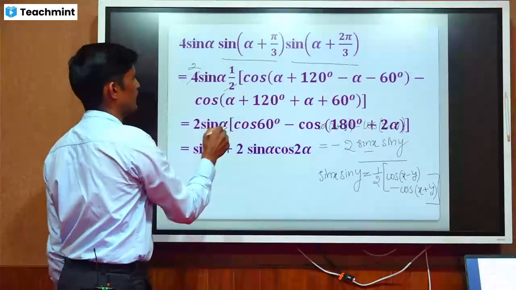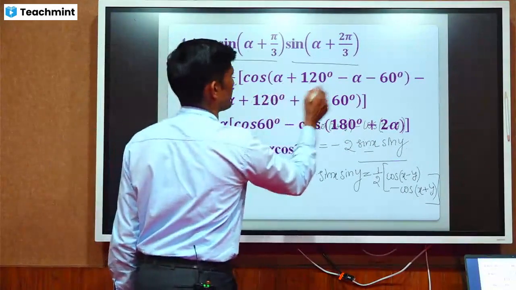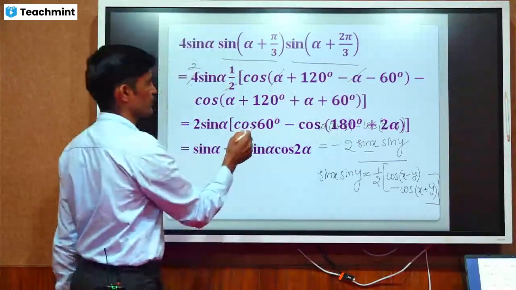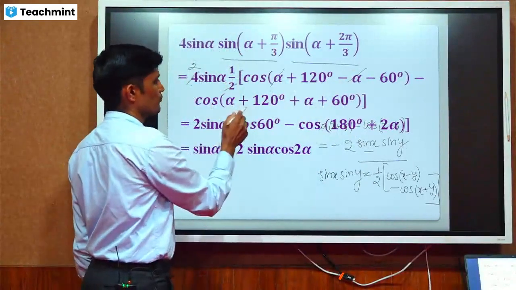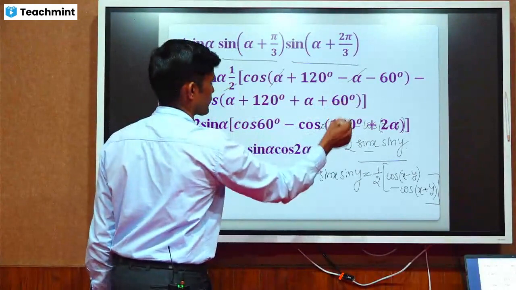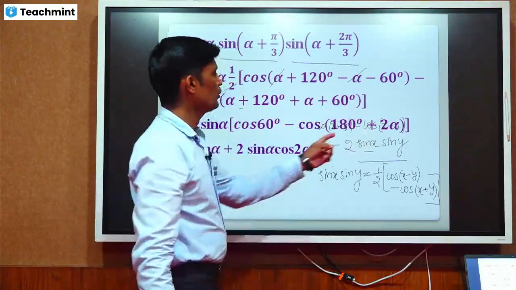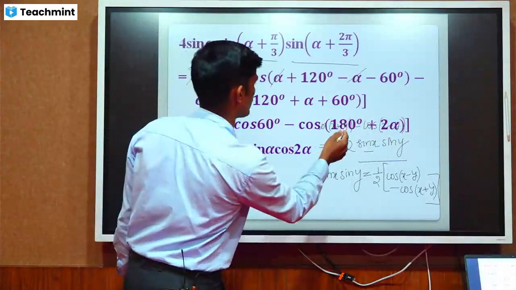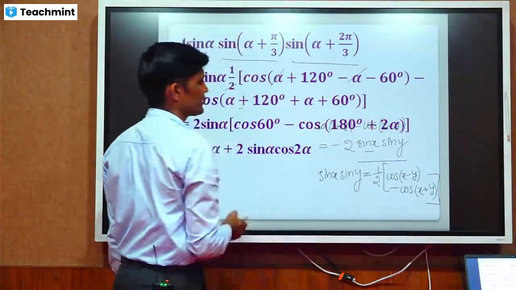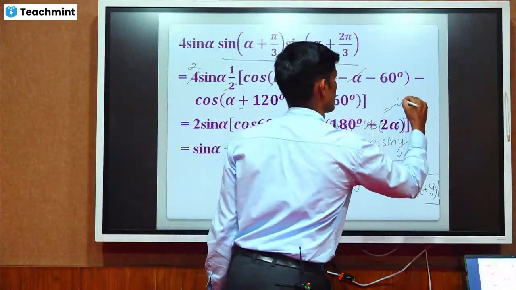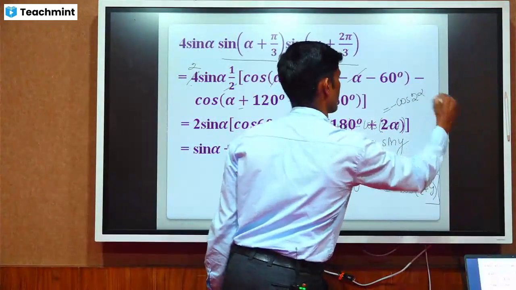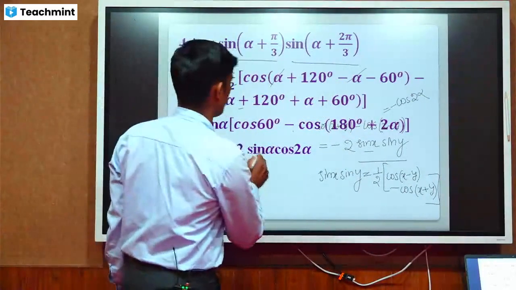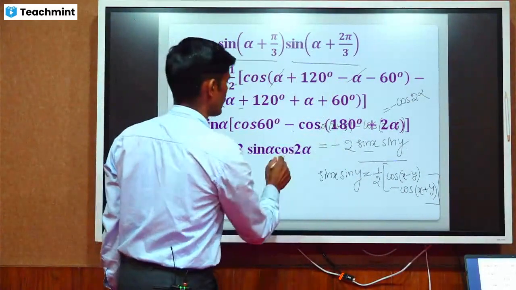Therefore, it is 2 sin alpha into cos of 120 minus 60 degree, which is 60 degree, alpha gets subtracted, minus cos of 120 plus 60 degree, that is 180 degree plus 2 alpha. And you know, cos of 180 plus 2 alpha is minus cos 2 alpha. And minus into minus is plus. So this is sin alpha into cos 2 alpha.